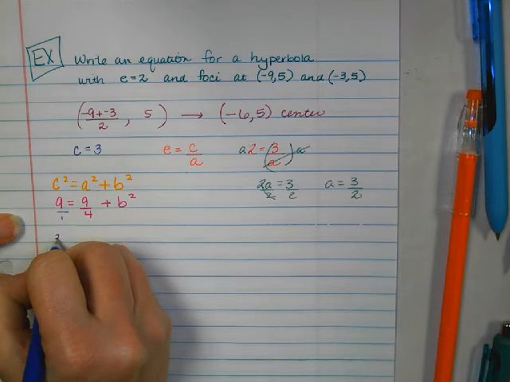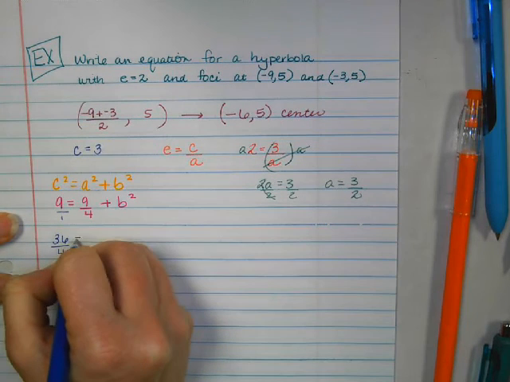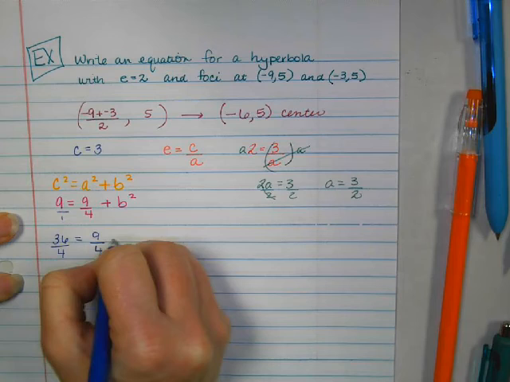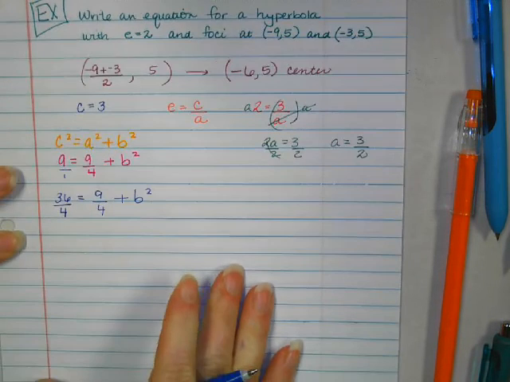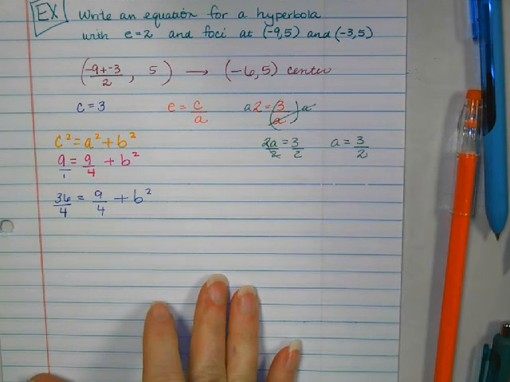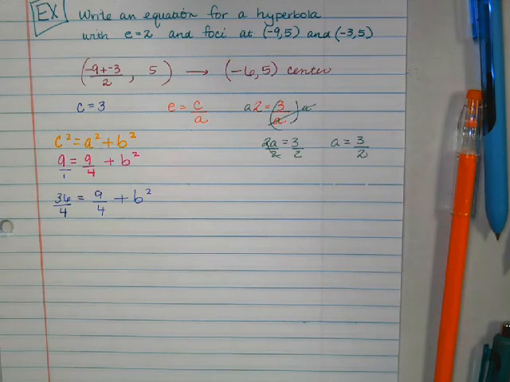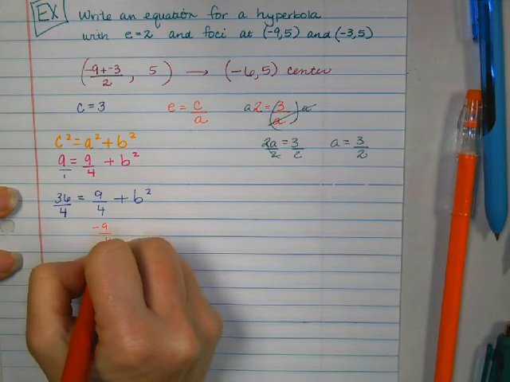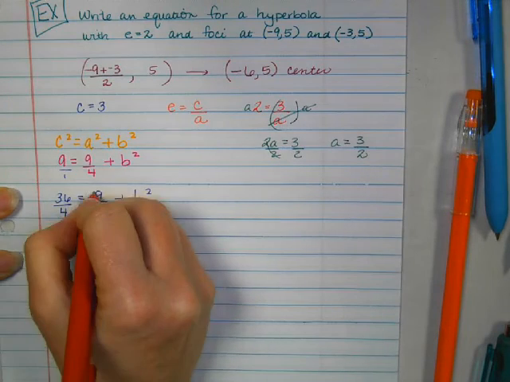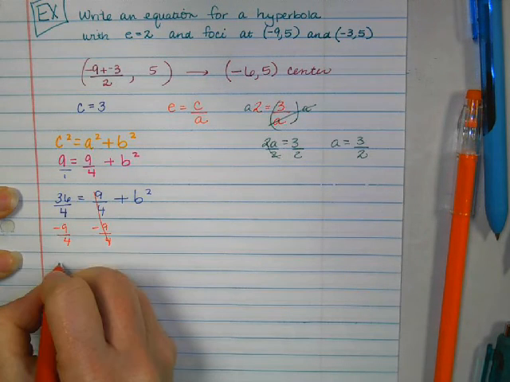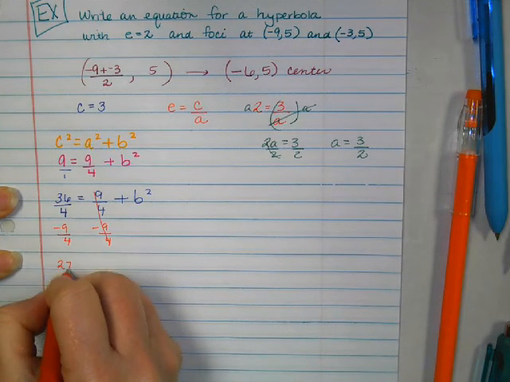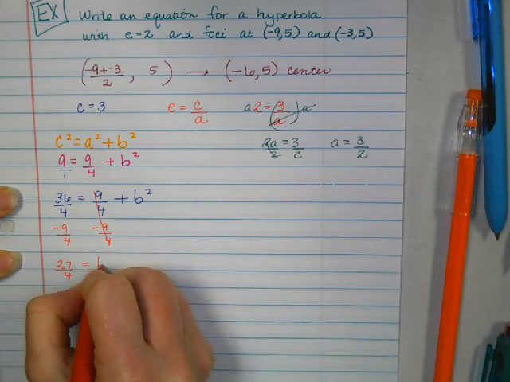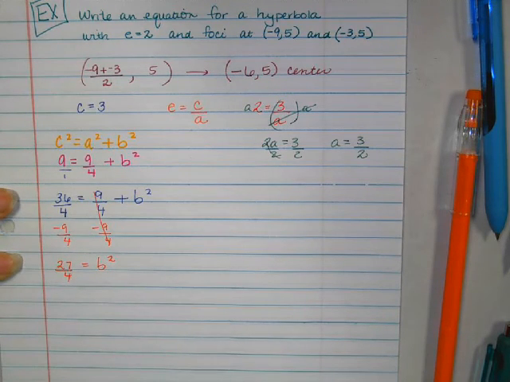So it would be 36/4. All I did was get a common denominator so that I could subtract. I like having a calculator. 27/4. That's B squared. Take the square root of both sides.